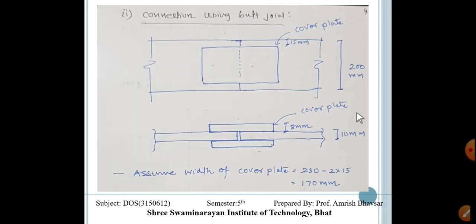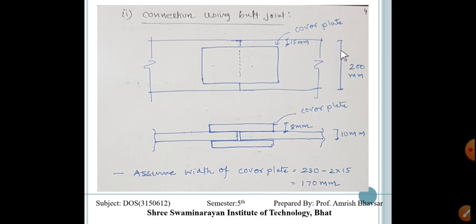Now our next connection is the butt joint. In that case, we have to put two plates side by side, and an additional cover plate must be put on the plates that we have to connect. So the section and the top view is something like this.